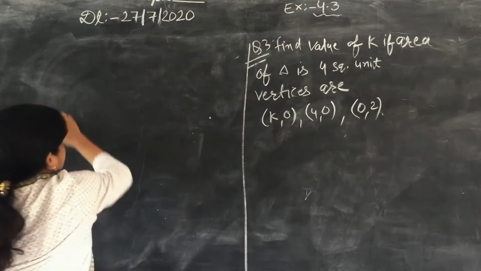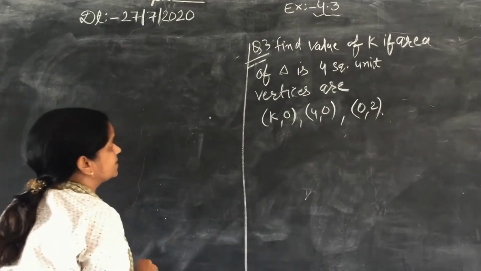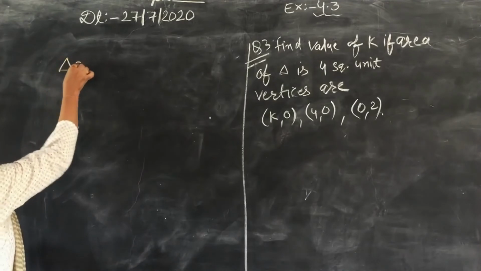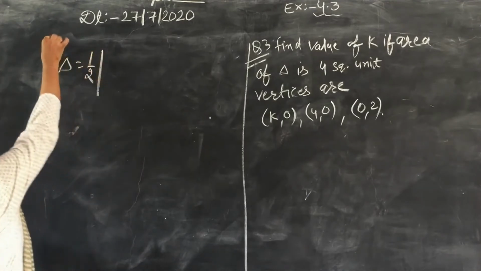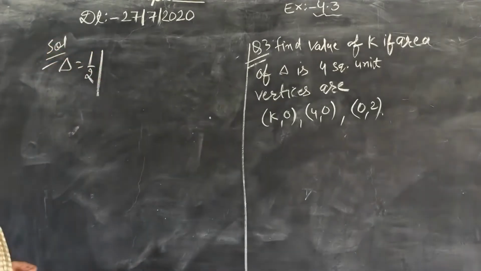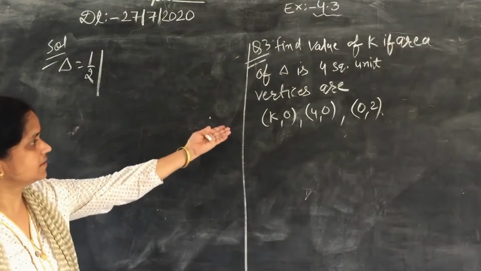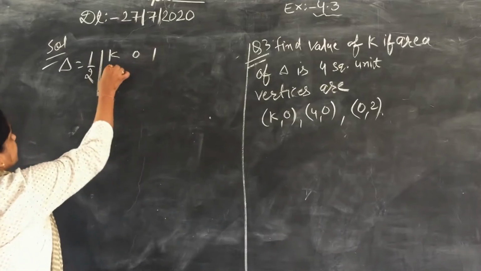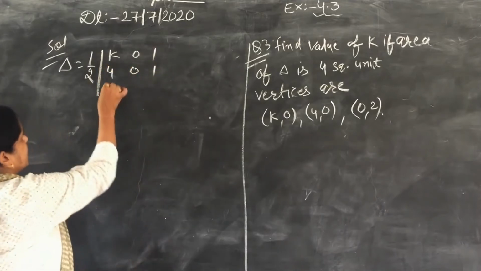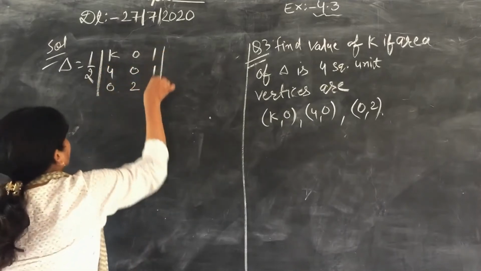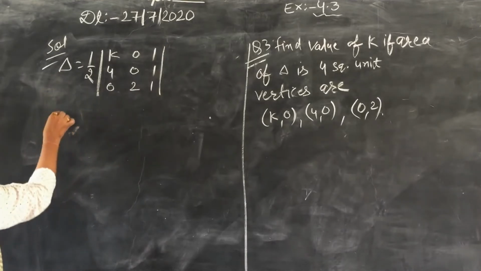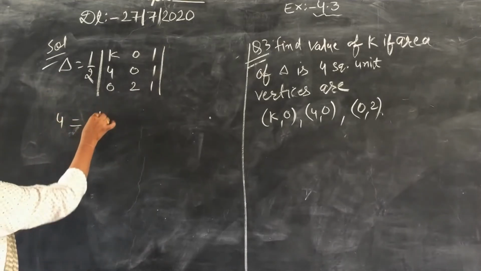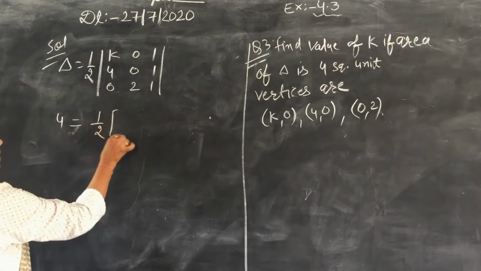So for this, students, apply the area formula, which is 1/2 times the determinant. Write the values here: k, 0, 1; 4, 0, 1; and 0, 2, 1. The area is given as 4. Now 1/2, solve it.